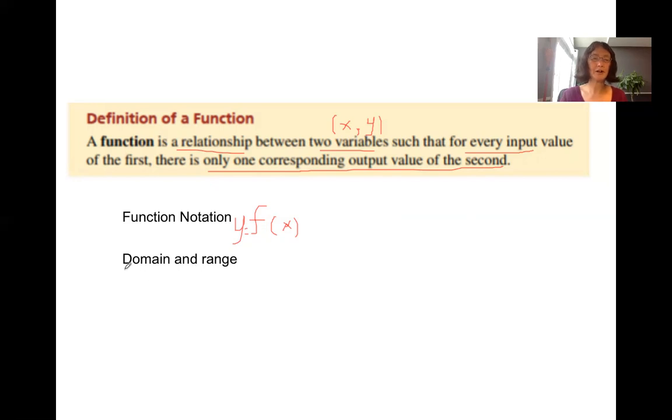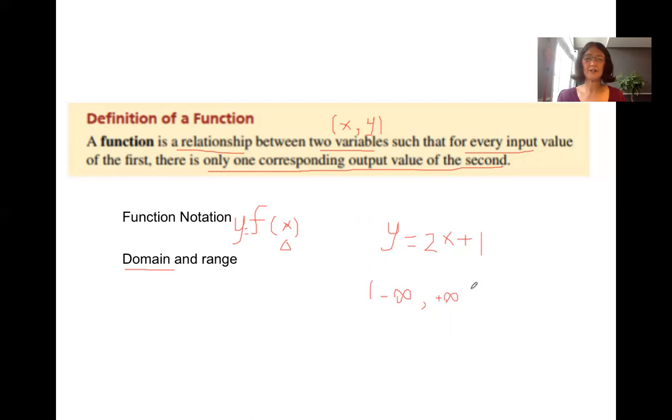So let's talk about the domain first. Domain is what kind of values x is permitted to take. For example, if you have a function y equal to 2x plus 1, the domain is that x could be any number from negative infinity to positive infinity.